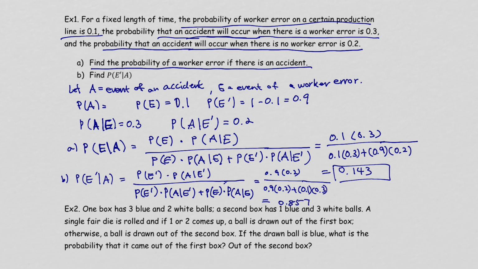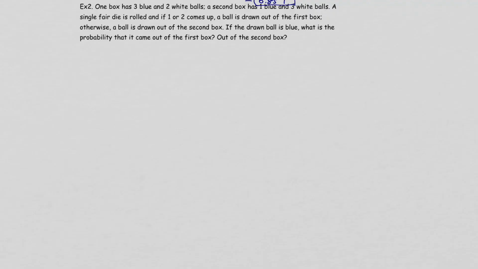So the probability of E not given A is 0.857 using Bayes' theorem. Let's look at another problem.